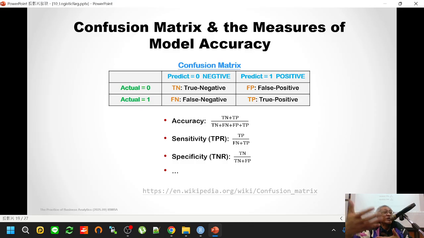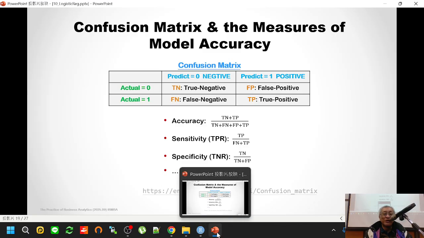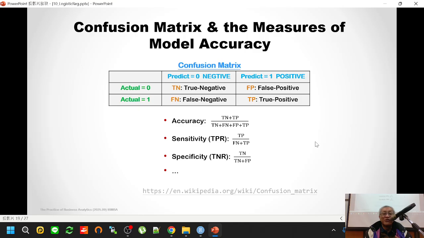Of course, when you read the literature, you might read, for example, recall. When that happens, you go to the wiki page, and you can see that whatever it is, it is always derived from these 4 numbers.